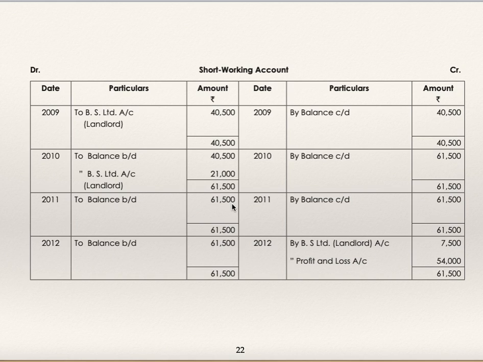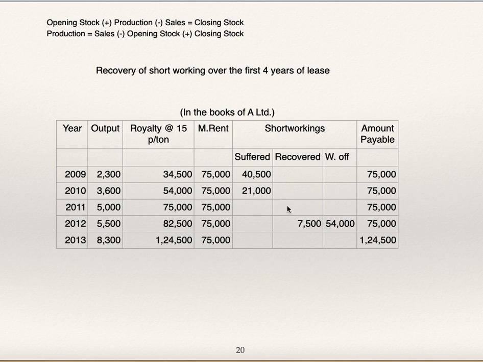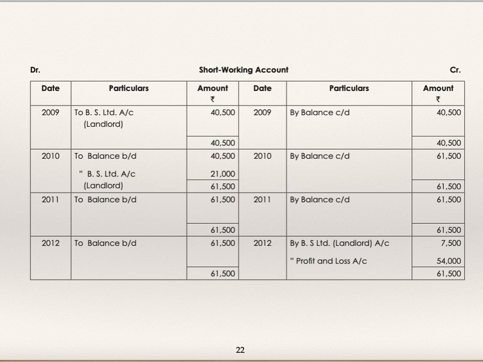Third year beginning, to balance brought down 61,500. Same balance by balance carried down 61,500, because third year he has not suffered anything, no recovery. So whatever is balance brought down, same balance is balance carried down. Fourth year, to balance brought down, by landlord, this he has recovered 7,500, remaining is to be written off to profit and loss account. So by landlord, by profit and loss account, at the end of the fourth year the short working account gets closed.